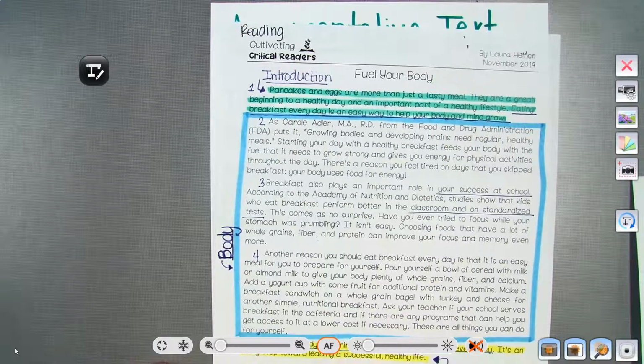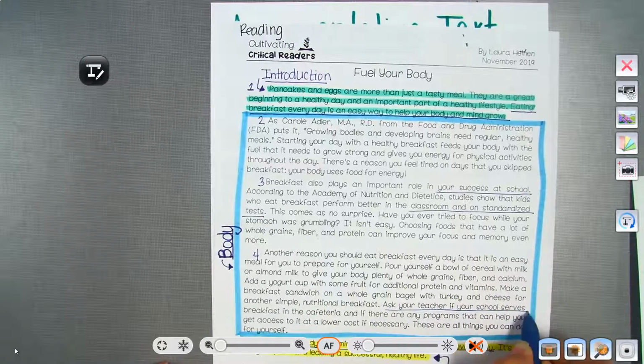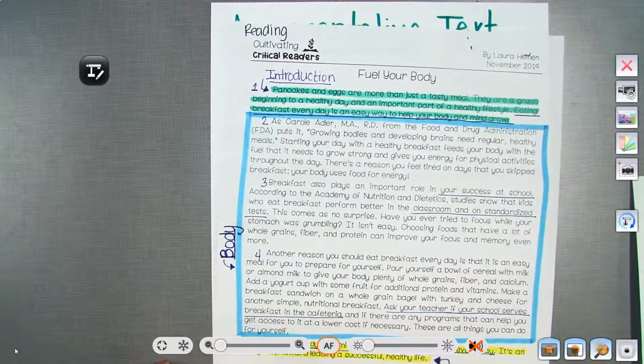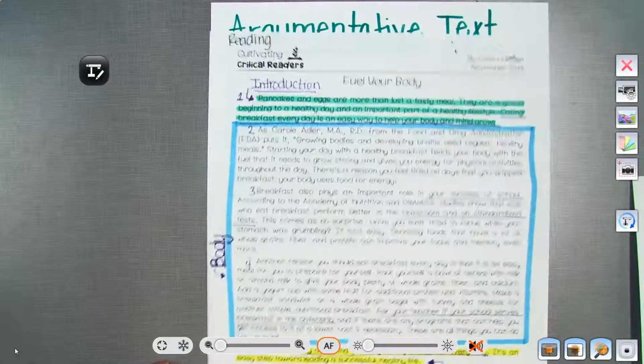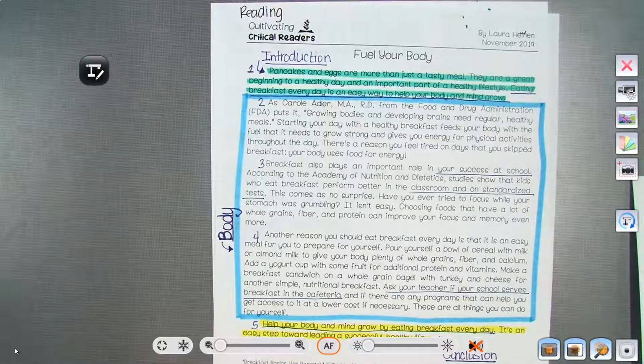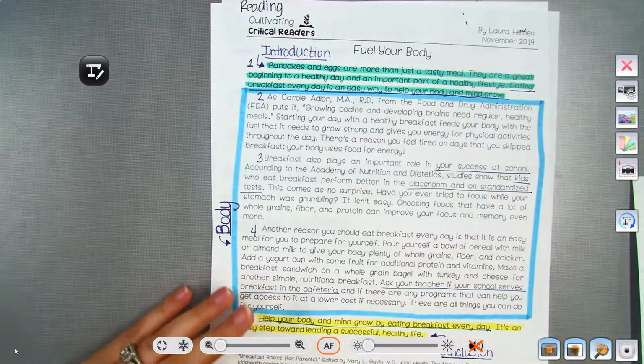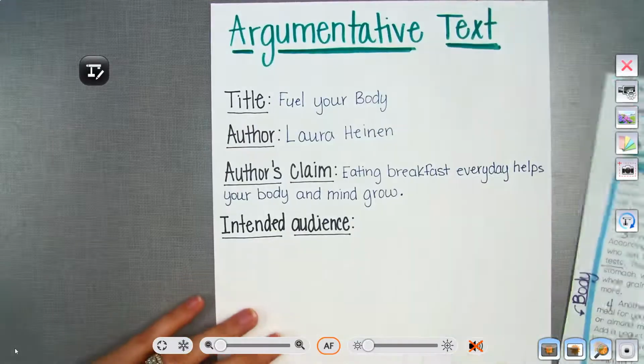It also says, ask your teacher if your school serves breakfast in the cafeteria. So we know this is for kids. I think it also has the word kid in here somewhere, if I can find it. It says, studies show that kids, okay, so our intended audience, guys, are kids.